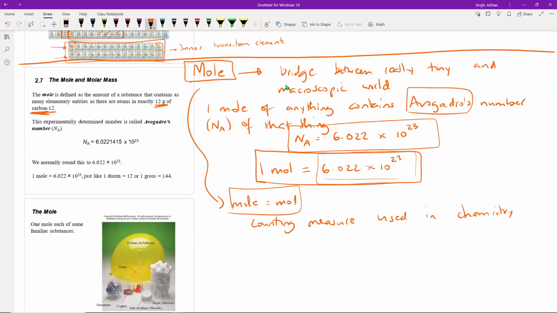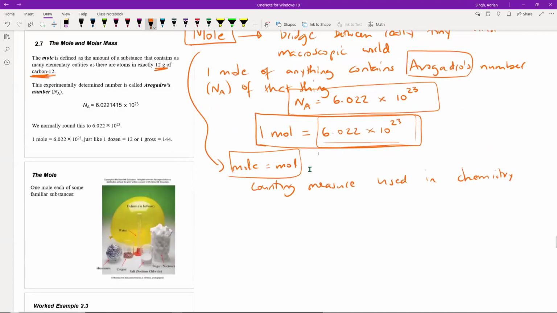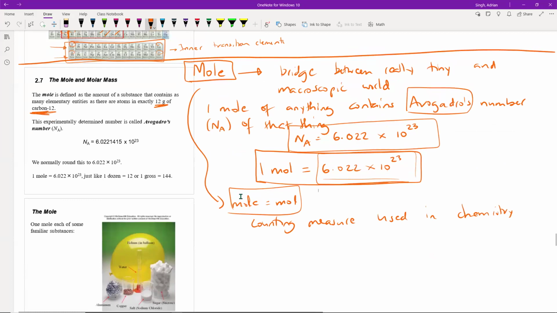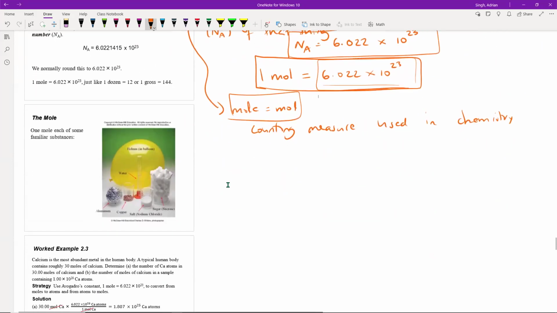So when we work in the laboratory and we measure things out, it's very difficult to count this many atoms or molecules. It's a lot easier to measure out a number of moles, and we'll see the relationship in a second. Okay, so 1 mole of anything is equal to 6.022 times 10 to the 23 of that thing.